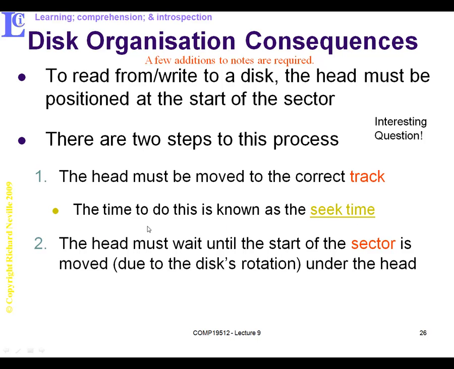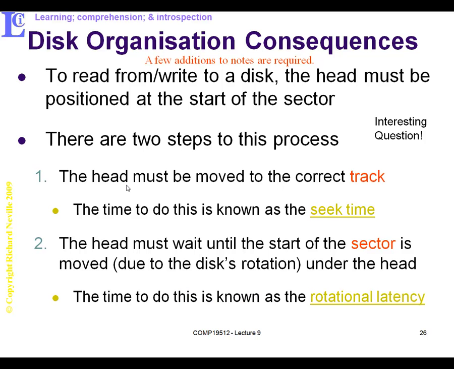Then, once we're on the correct track, we must wait until the start of the sector which we need to read or write data from or to. We have to move to this when the disk has rotated to it, and then it locates it under the read-write head. So this is quite important, these 2 steps. Find the right track and then the sector.